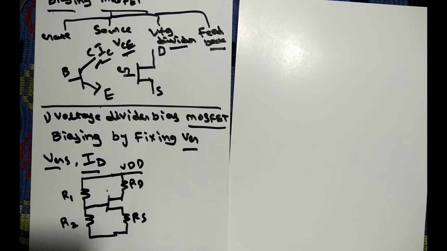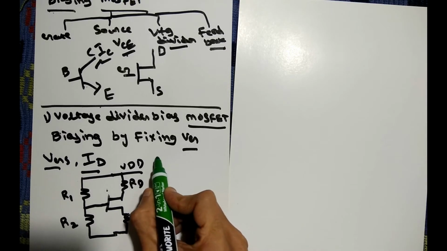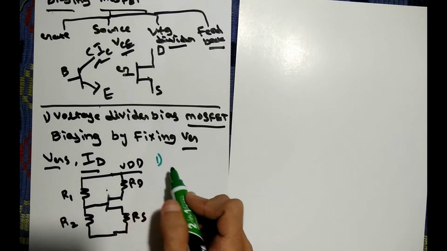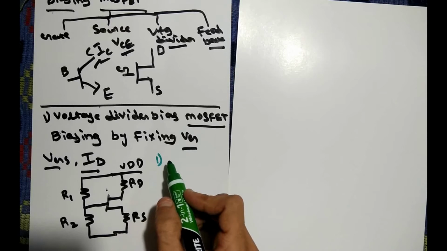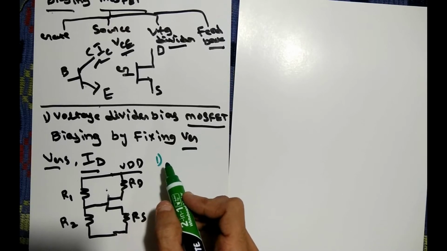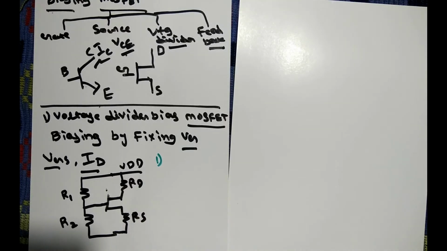Okay, so what are the basic things you have to remember, apart from the changes from the transistor? Remember the first point: here the formula for the current is different from the previous. We are not using the relation between IC, beta and IB.